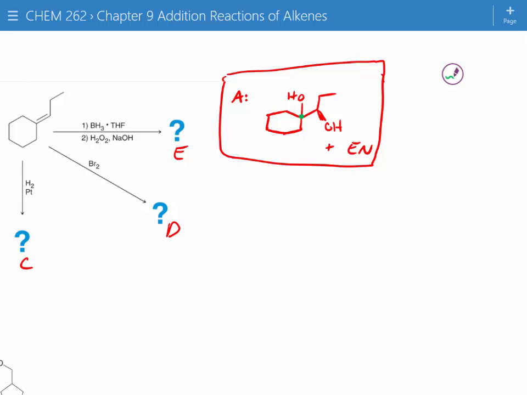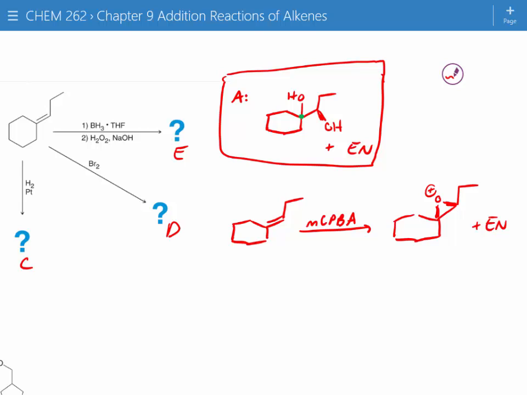All right, let's do the mechanism for this one. So with MCPBA, you form your epoxide, right? Plus it's an enantiomer, so that could be either both dashes or both wedges.